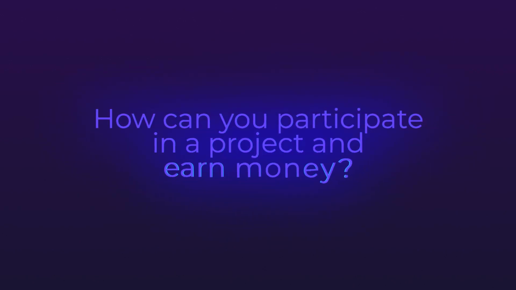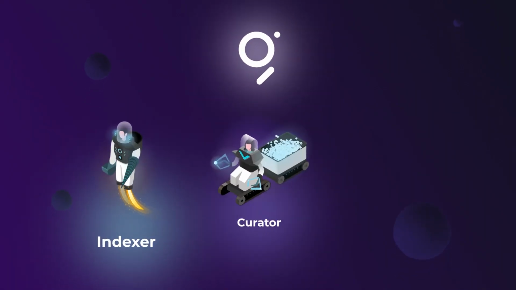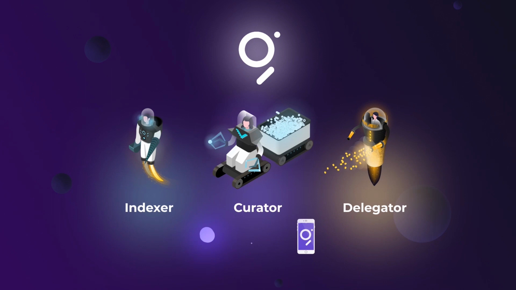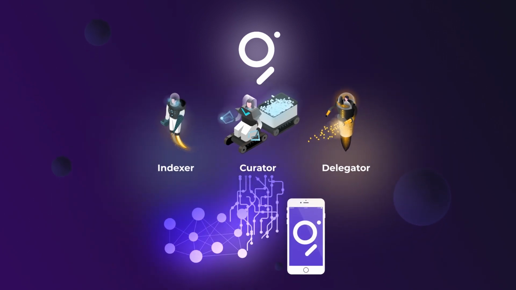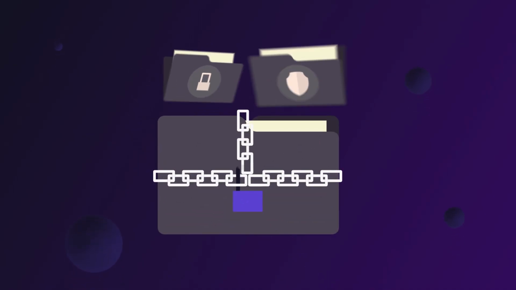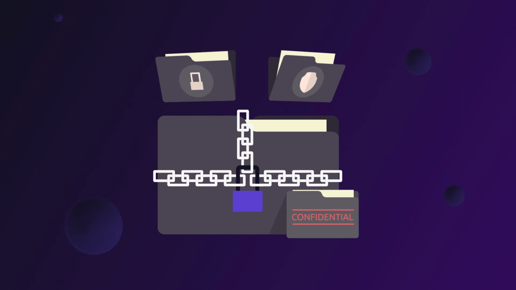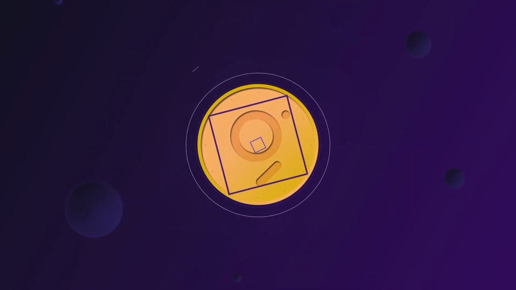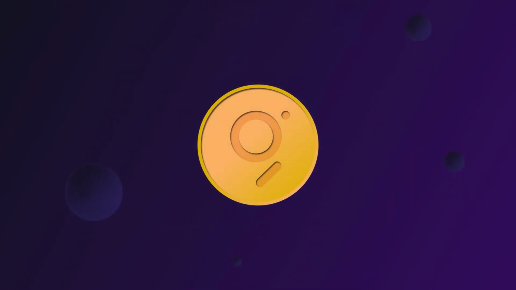How can you participate in a project and earn money? The Graph network consists of indexers, curators, and delegators that provide services to the network and serve data to applications. Consumers use the applications and consume the data. To ensure economic security of the Graph network and the integrity of data being queried, participants stake and use Graph tokens, or GRT.